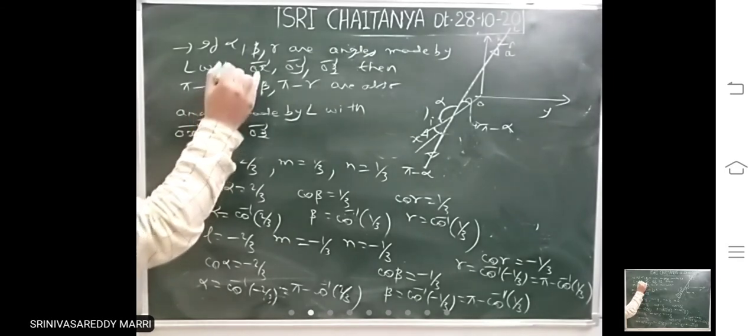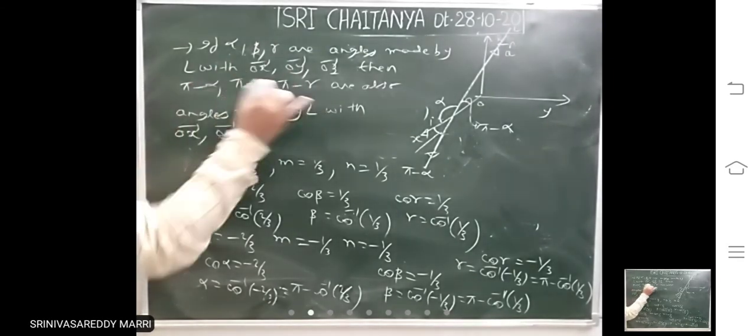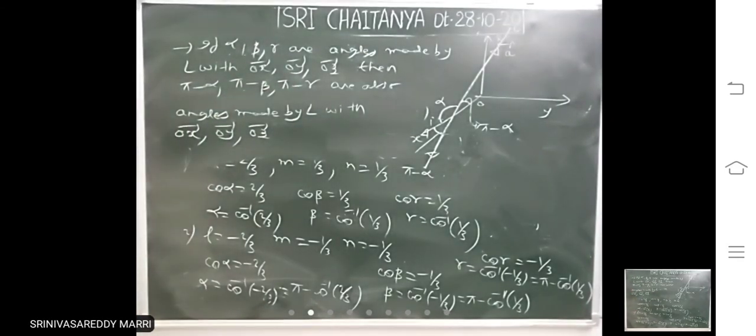You can write either alpha, beta, gamma or pi minus alpha, pi minus beta, pi minus gamma. Any set he can give.